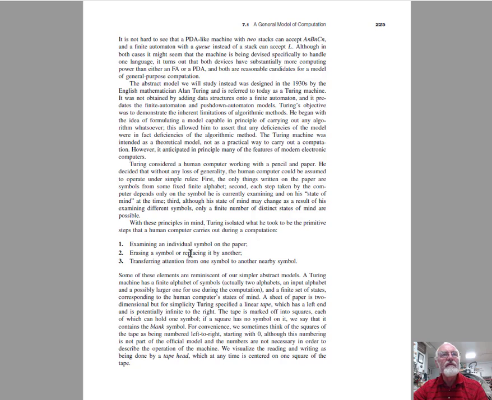You can examine an individual symbol on the paper, and we're thinking about processing a string of characters, like we've done with FAs and PDAs. Then you can erase the symbol and replace it by another, or not erase it and just leave it alone. And then you can transfer attention from one symbol to another nearby symbol.